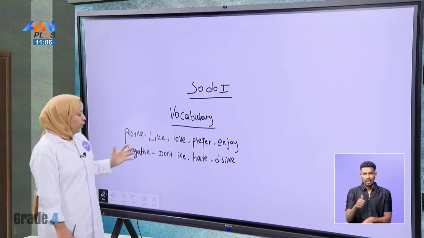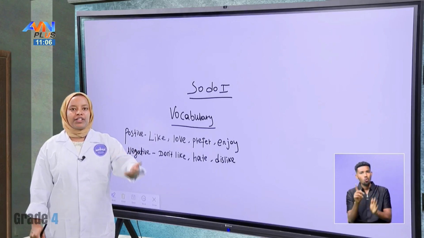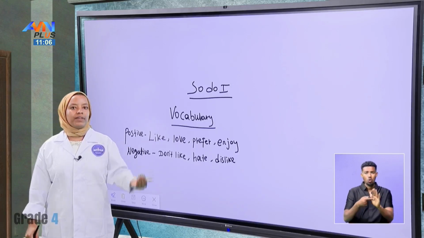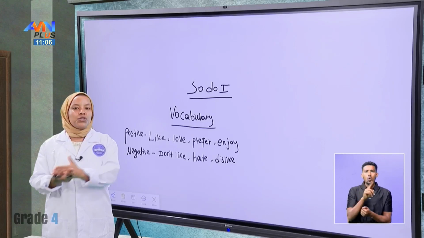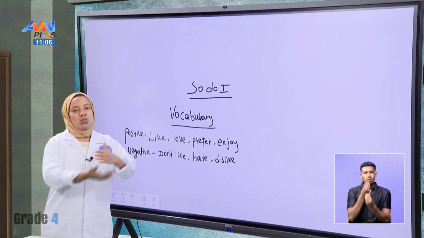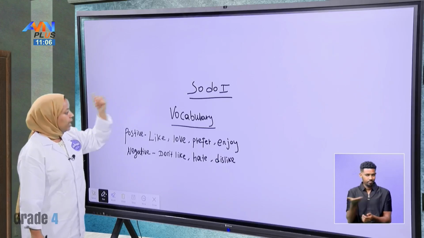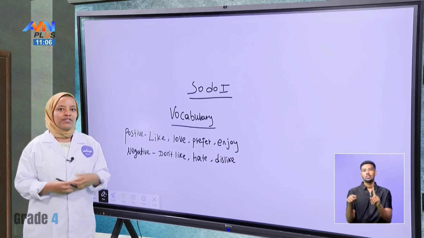These are words that you use to tell your friends, your parents, or anyone what you don't prefer, what you don't like, even what you don't like to eat, what you don't like to watch, and whatever. These are some vocabularies that can be used as a positive form and also negative form.